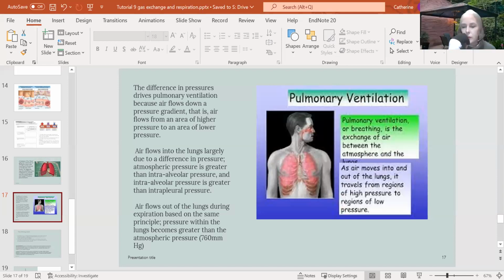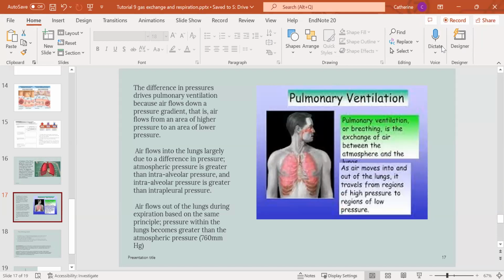It said at rest, a partial pressure of 40 millimeters mercury gives about 75% of hemoglobin saturated with oxygen. I was confused because I thought under 90% you were not doing well at all.